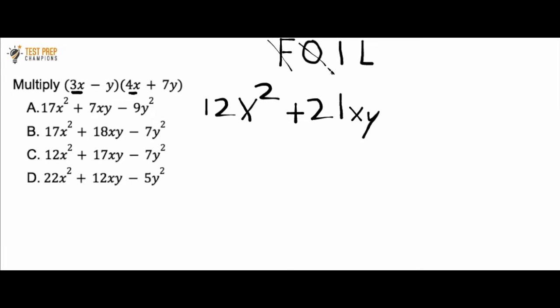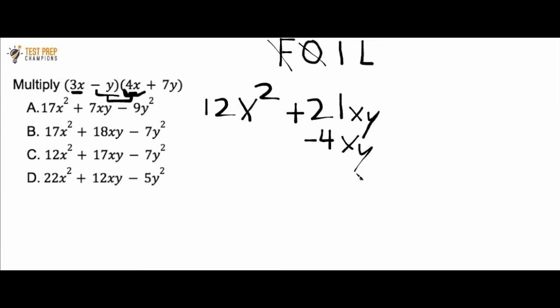So now I want to look at the inner 2 numbers here. In this case, I've got -1y, or just -y, and I've got 4x. So what is -1 times 4? -1 times 4 is just -4. What is x times y? X times y is just simply xy.